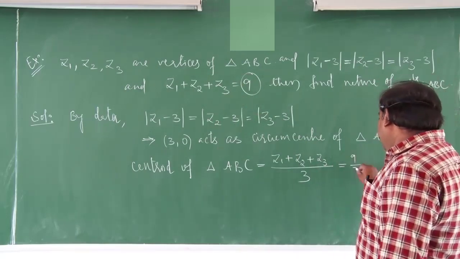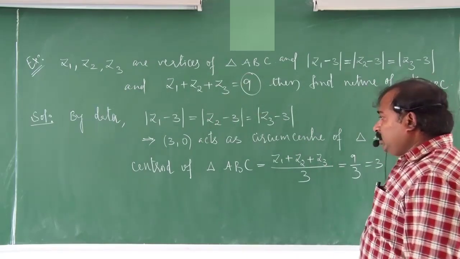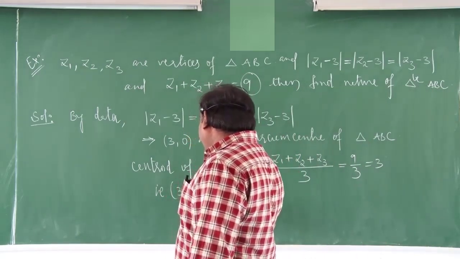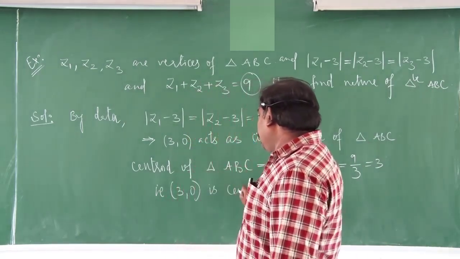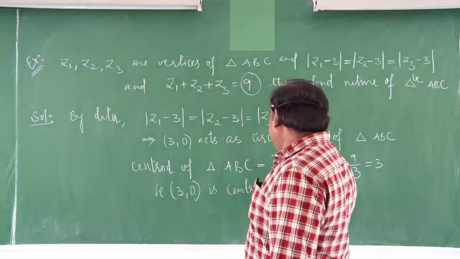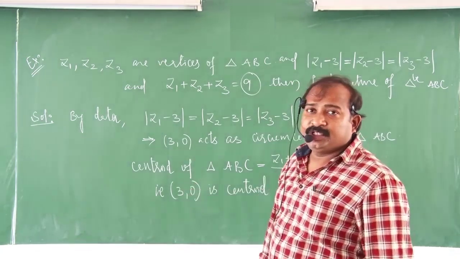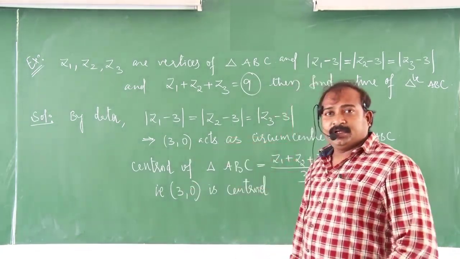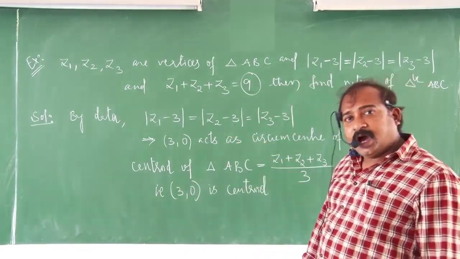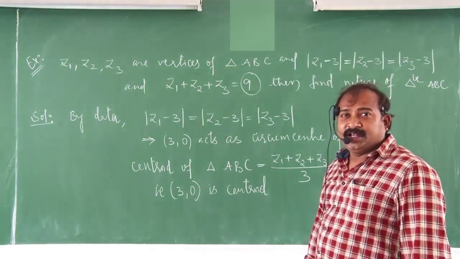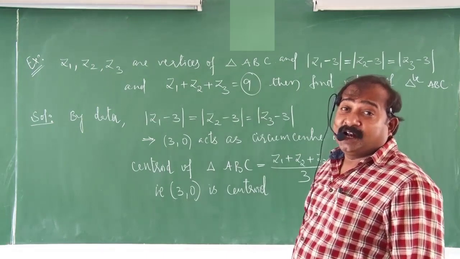So 9 by 3 is 3. That is, (3, 0) is the centroid. So automatically centroid you got (3, 0). Circumcenter you got (3, 0). Both are the same point. So what is the nature of the triangle? That is the equilateral triangle.